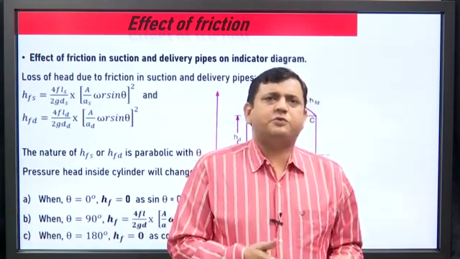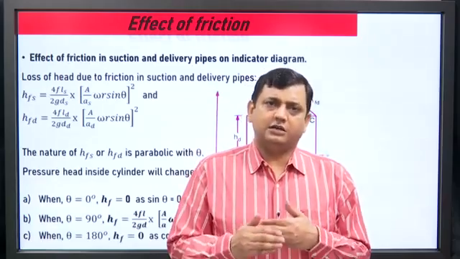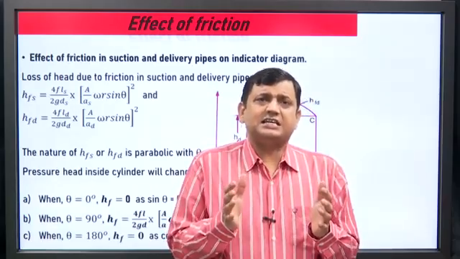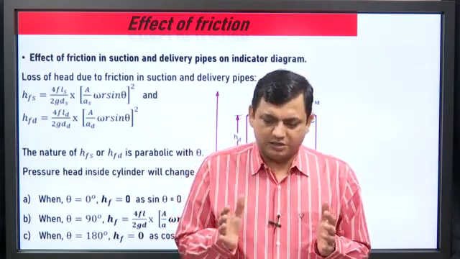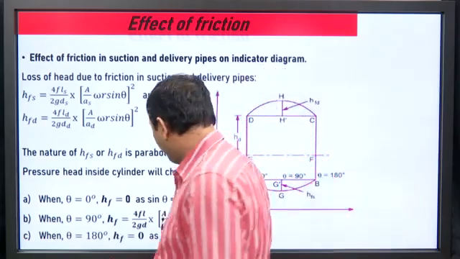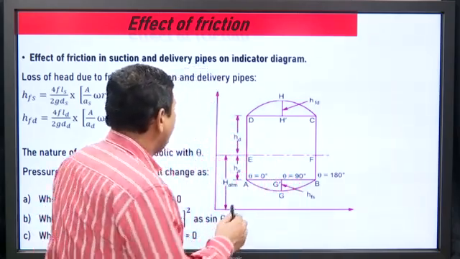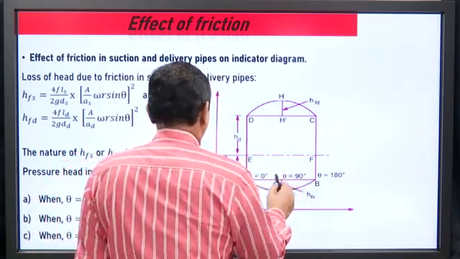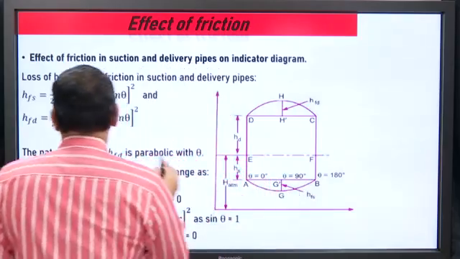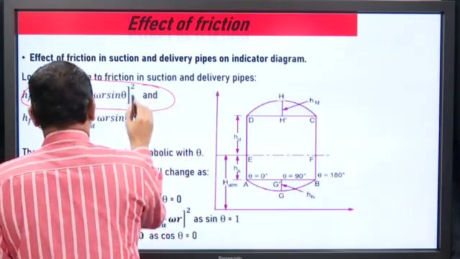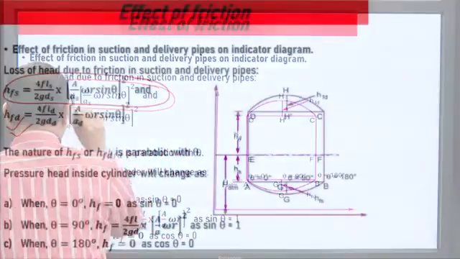For the suction it becomes Hfs, for the delivery it becomes Hfd, and the nature is a parabola, because it is a square. In this diagram, which we already discussed briefly, the curve is parabolic, and this one is the equation for suction, this one is for delivery.